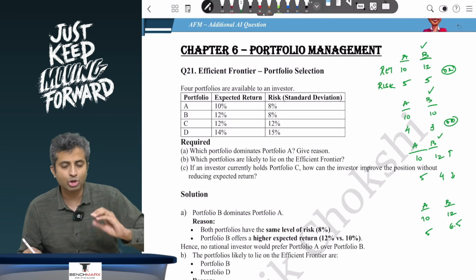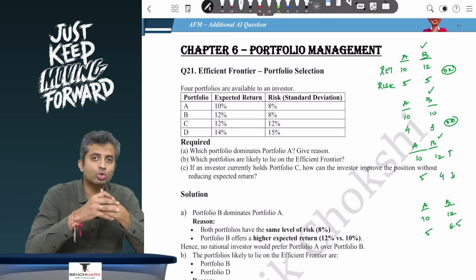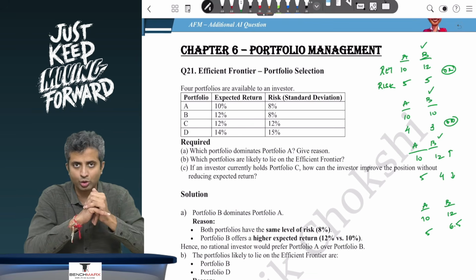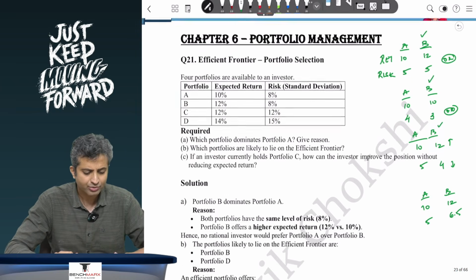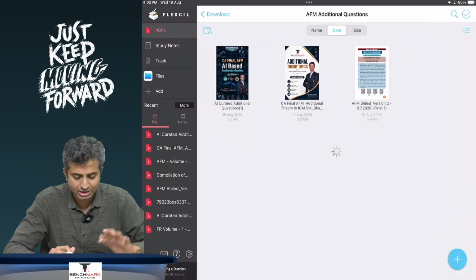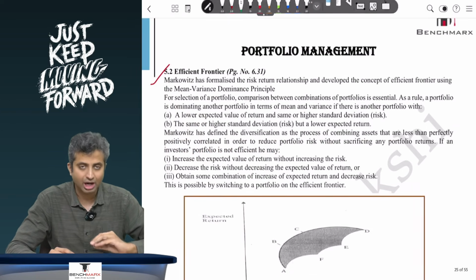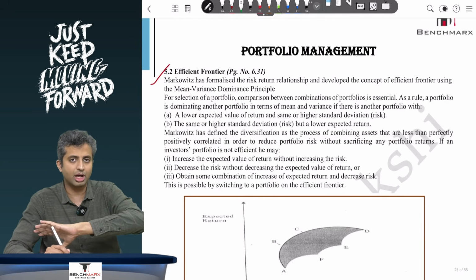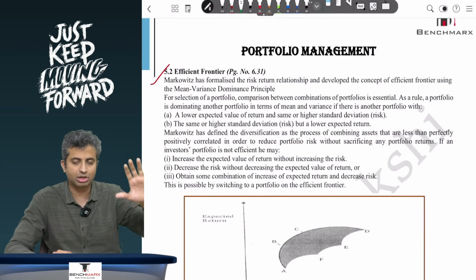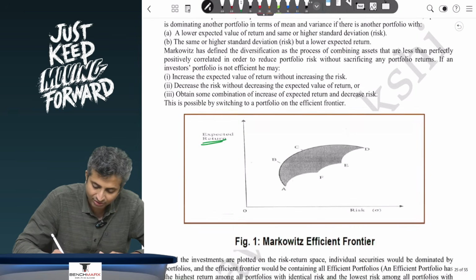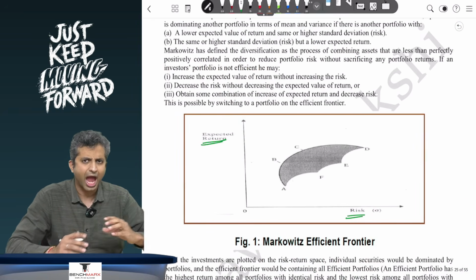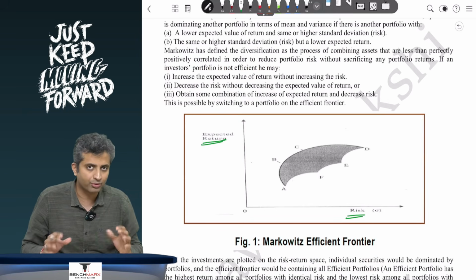So what Harry Markowitz did is, he tried to plot all the portfolios at all levels of risk and return. Before I go into this numerical, he tried to find an entire curve where he plots the return on one axis and the risk on the other axis, and he finds portfolios.